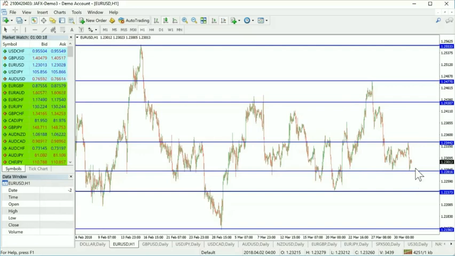So if we get a break below the 122.81, do we get the opportunity for a really nice swing to the downside? Well, we can see that there is a significant level of support around the 122.37. So there is a move to the downside, but it might not be long lasting.